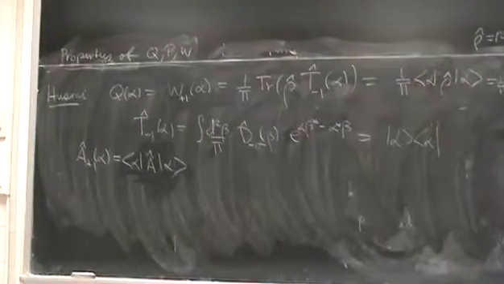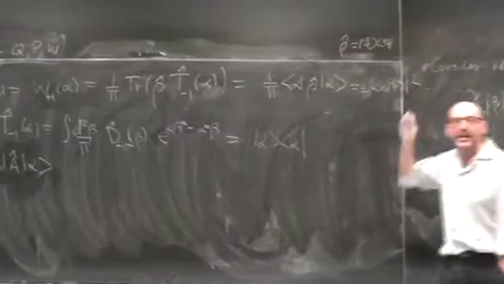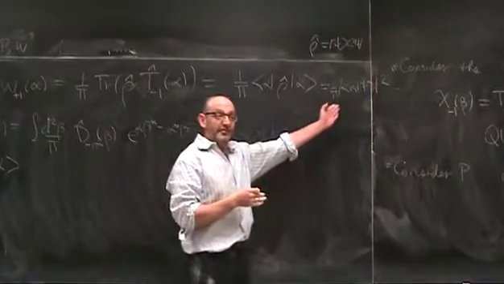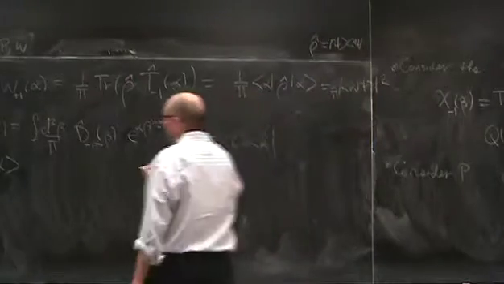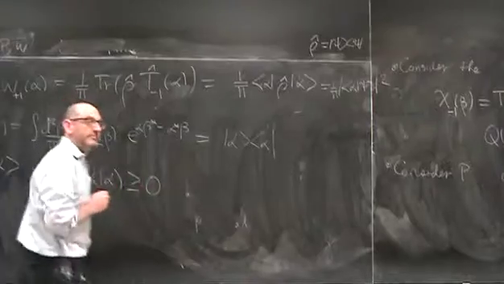What that says is that the Q function, well now it's clear why it always exists. It's just the square of that amplitude. That's a physical state that always exists. And moreover, it's always positive. The Q function, the Husimi representation, is always positive.